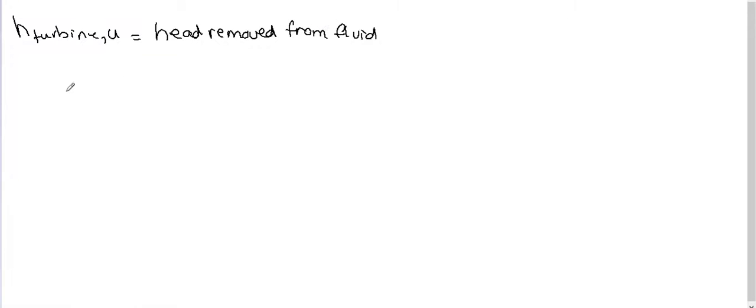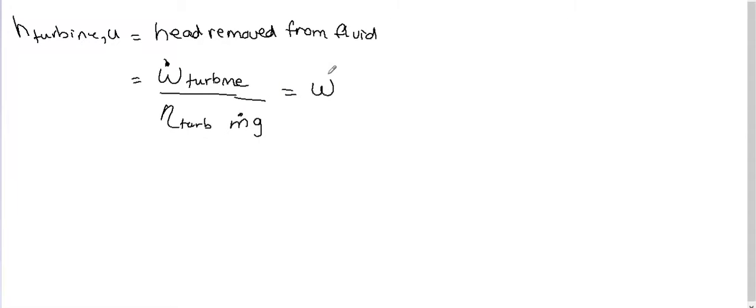All right. So this is equal to the power. So that's W dot. And of course, if you recall, the time derivative of work, W dot, which is work dot, is joules per second, and that's power. So the work of the turbine divided by the efficiency of that turbine multiplied by the mass flow rate times g is equal to the useful work of the turbine, or we can also say sub E for extracted, divided by m dot g.